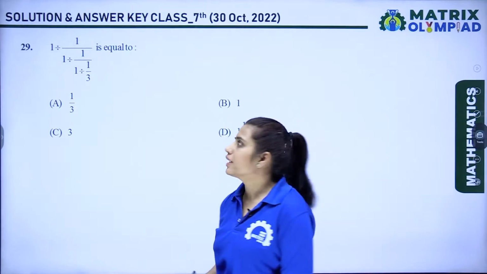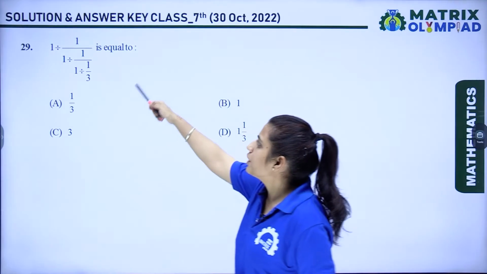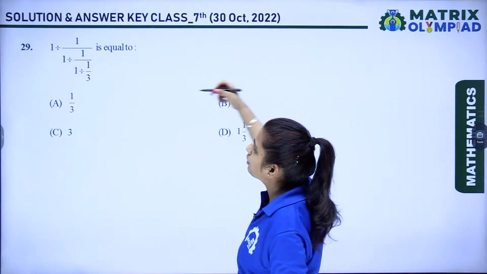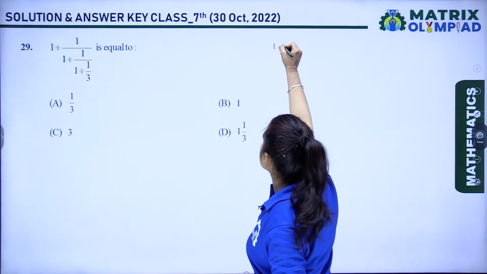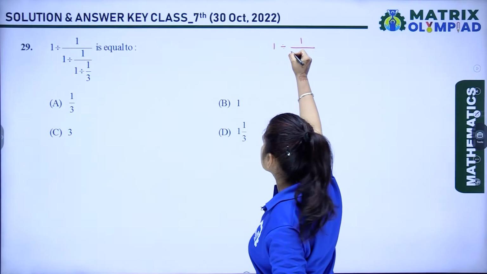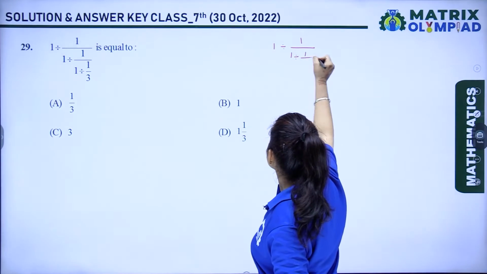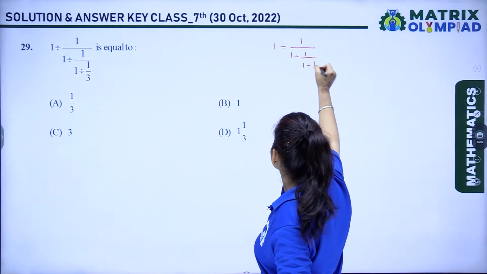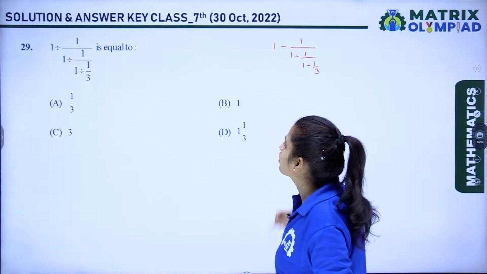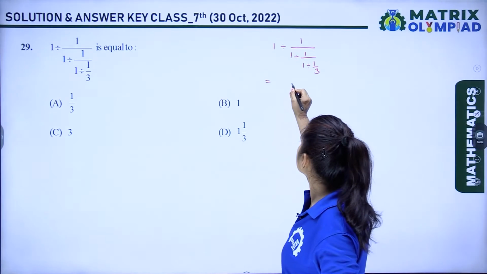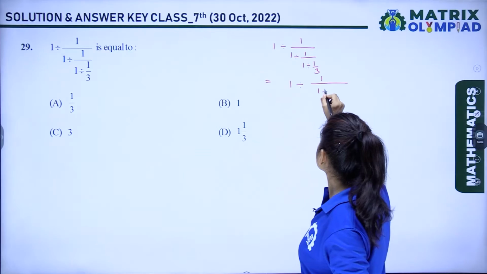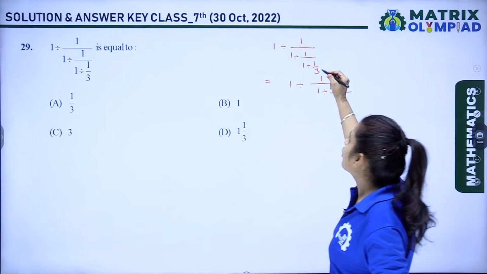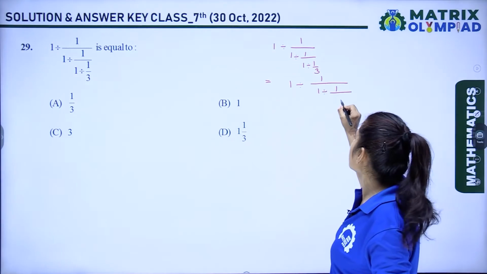Now let's solve the next question. 1 divided by 1 upon 1 divided by 1 upon 1 divided by 1 upon 3. This is the question. Now let's solve. 1 divided by 1 upon 3, doing the reciprocal here, we get 3.